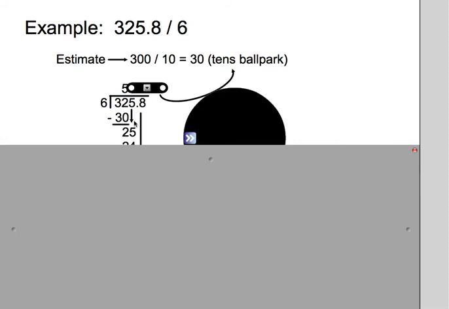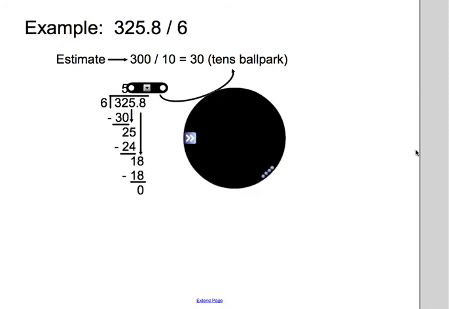Then I need to bring down my 5. So now I'm looking at 25. 6 can go into 25 4 times. So I'm going to put that 4 up there. 6 times 4 is 24, so I'm going to subtract 24, and I've got 1 left.